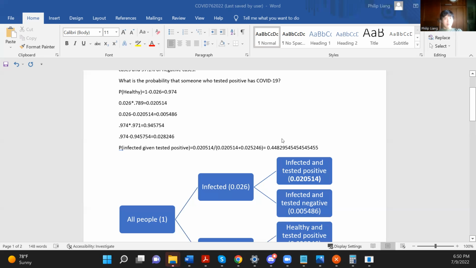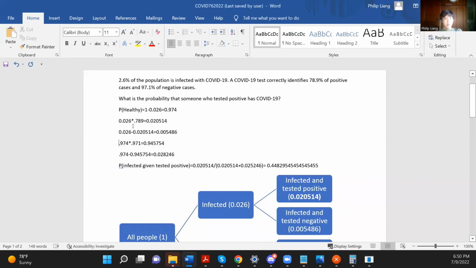Now let's try to figure out the probability of being infected and testing positive. We know that the probability of testing positive conditional on being infected is 0.789. So multiplying these numbers, the probability of being infected and the probability of testing positive conditional on being infected, we conclude that the probability of being infected and testing positive is 0.020514.